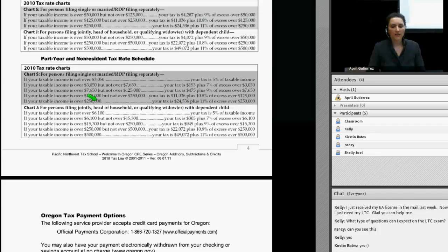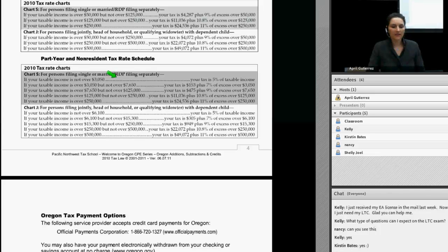So the 5% bracket is applicable to taxable income that is not more than $3,050. So it's really for only the first $3,050 of Oregon income that you fall into that lowest 5% bracket. Then there's another very short space of time where you are in the 7% bracket, and you're basically in that for another $3,600 of income.